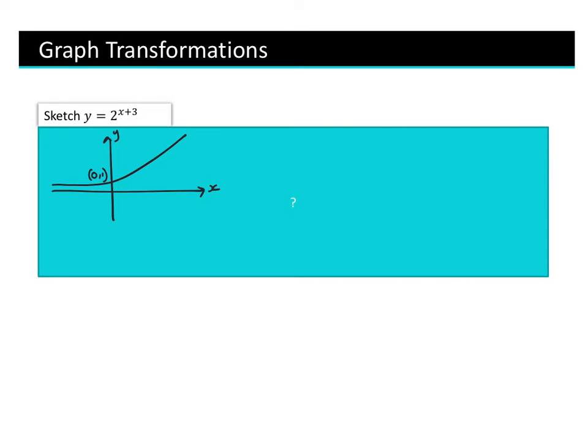So what we have to think, if we are going to translate it 3 units, we know this is 1, this is 2, this is 3. This point here is now going to be translated.